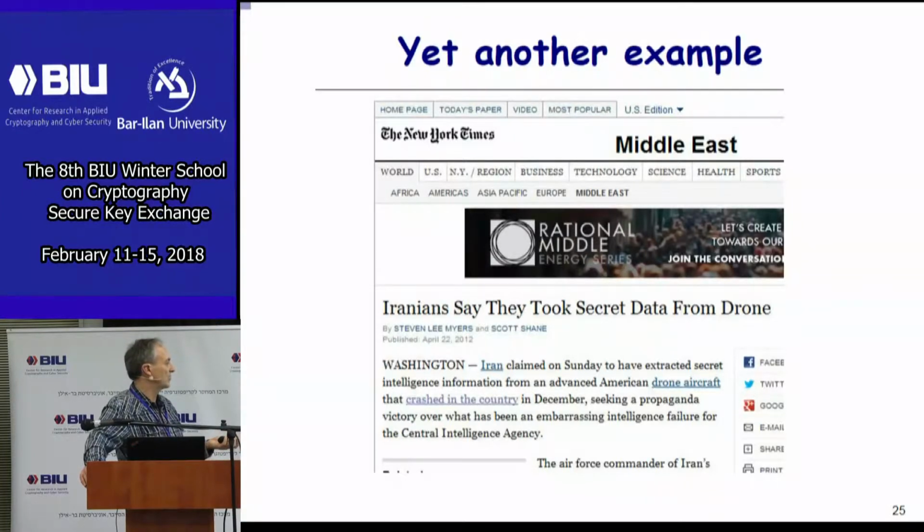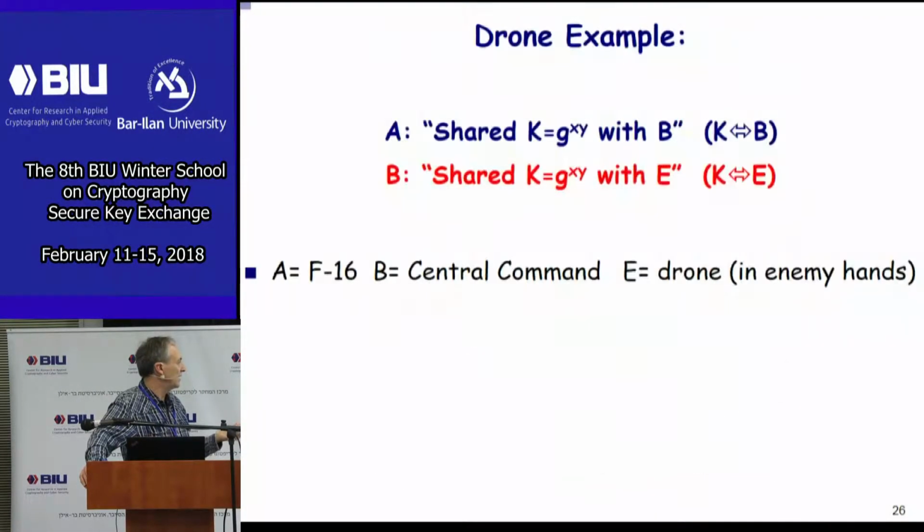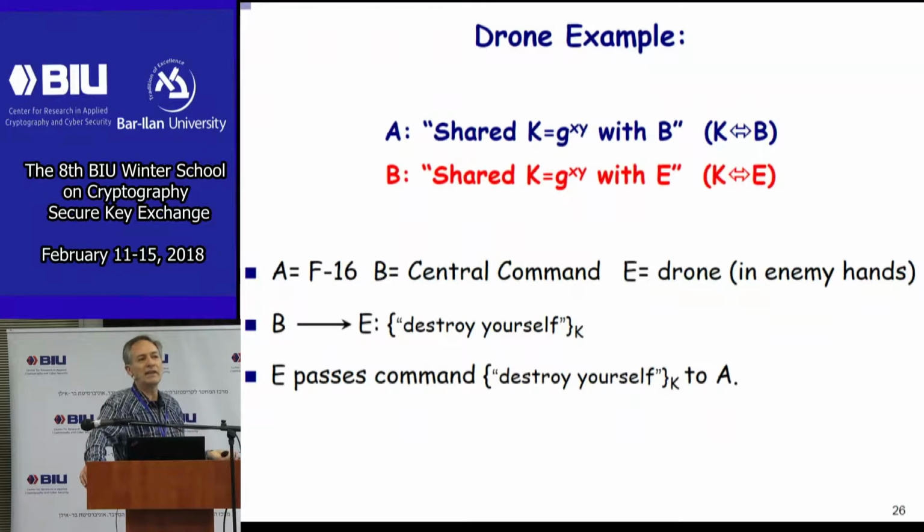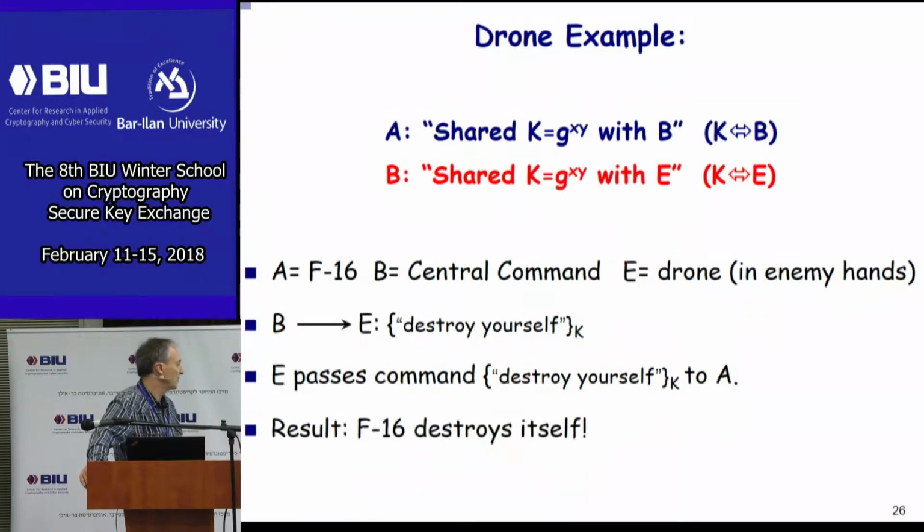The Israelis actually got an Iranian drone, but that's just coincidence. Anyway, I will describe the thing. Basically, it was about giving a command to the drone to destroy itself, and instead sending it to an F-16 that it destroyed. So it has some very common things with what happened yesterday, but just coincidentally.